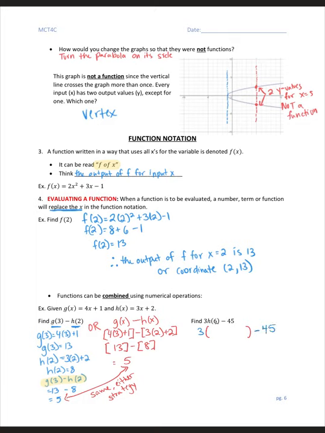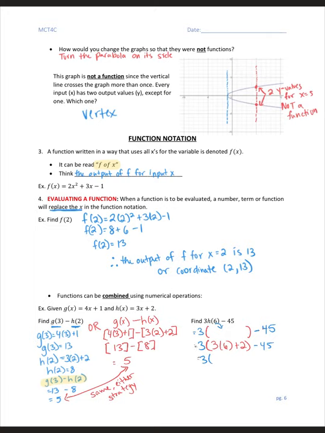Okay, so we're going to substitute h of 6 into my bracket. So we're going to have 3, and then in my bracket we're going to have this h of 6. So I'm going to substitute in the function h, and plug in a 6 for my input, or x value.